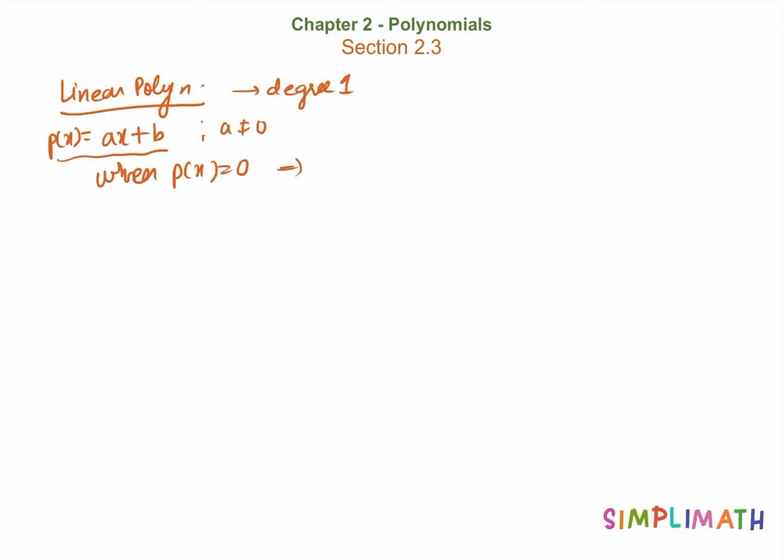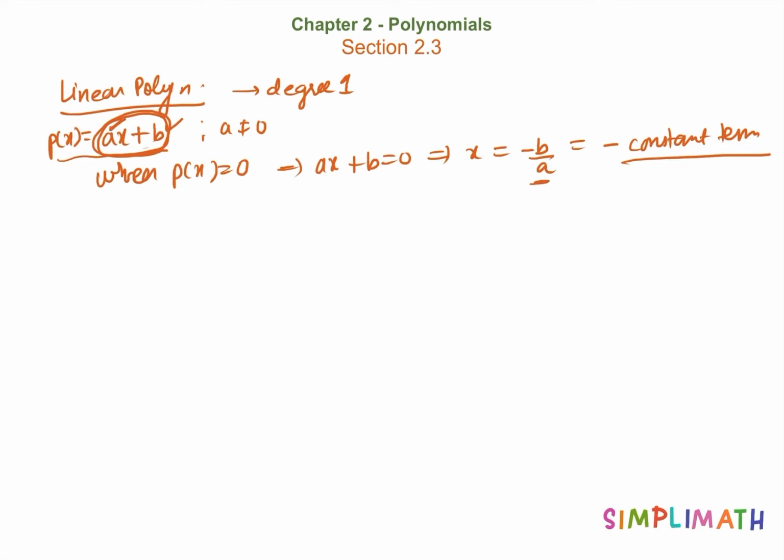0. So what is p of x equal to 0? Ax plus b equal to 0. So this gives us x equals minus b by a. Now if we compare, what is b? B over here is the constant term. And what is a? A is the coefficient of x.